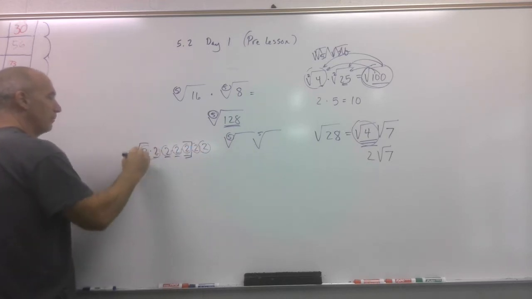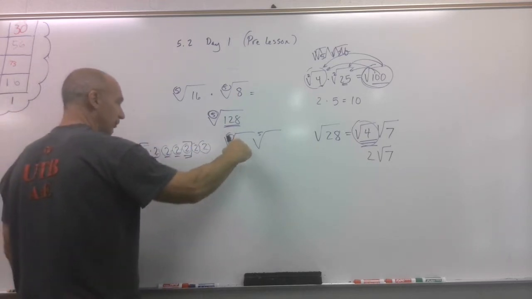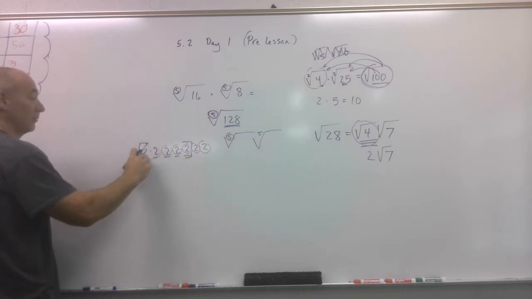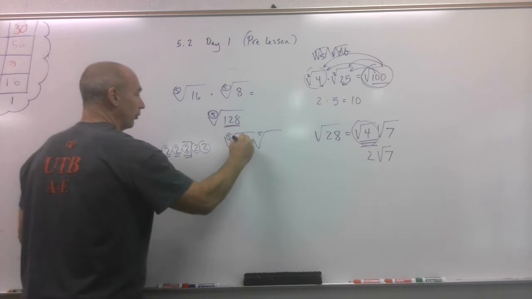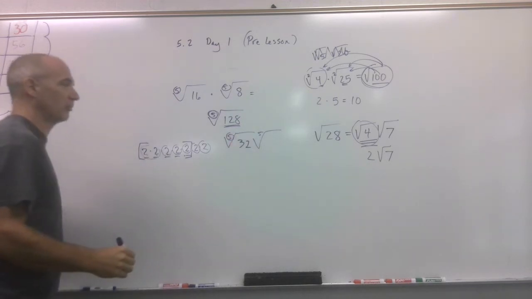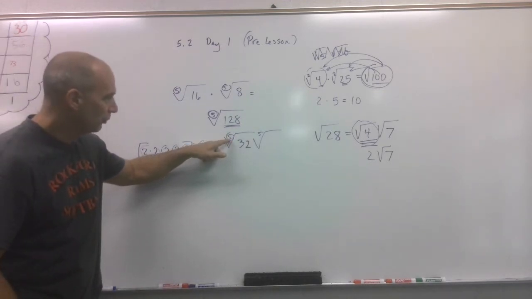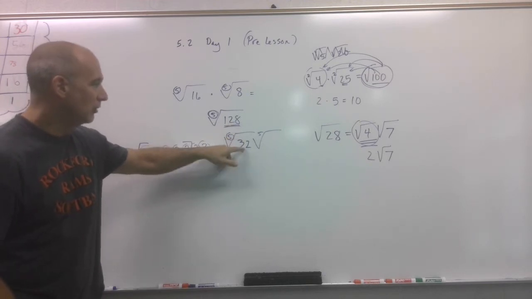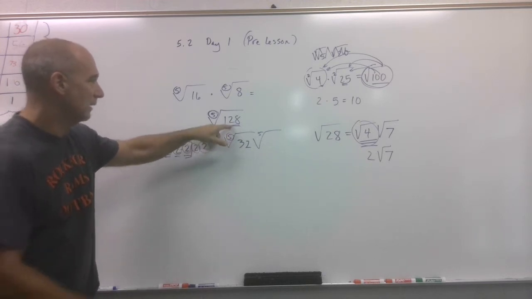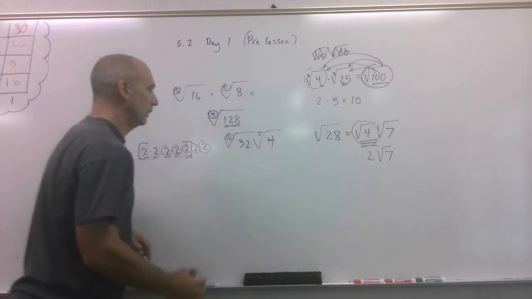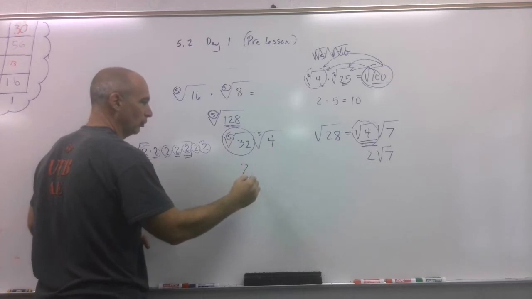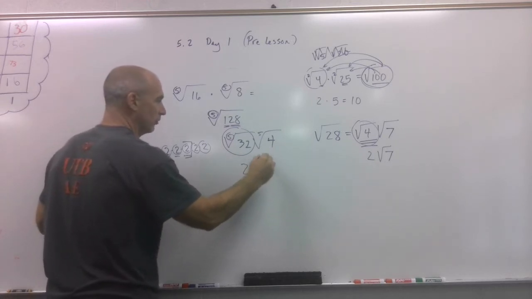I want the largest perfect fifth power. So 32 is my largest perfect fifth power that goes into 128. Now how many times? 32 times what is 128? Well, that would be 4. And then I think to myself, aha, what's the fifth root of 32? 2. Fifth root of 4.